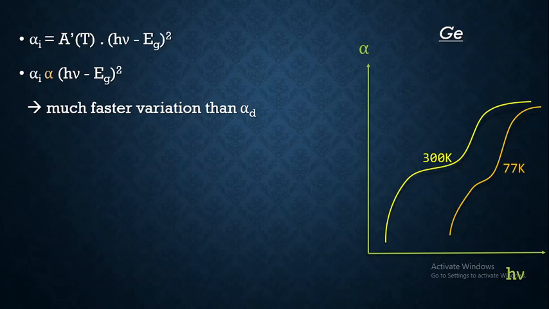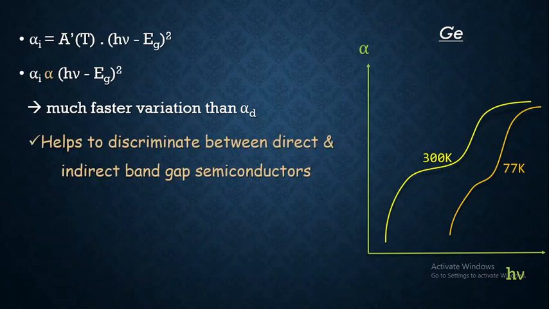In that way, based on the variation, if the variation is rapid, then we can say that the semiconducting sample which we have taken is indirect band gap semiconductor, and if the variation is slow, that is with respect to square root of the function, then we say that the semiconductor is direct band gap semiconductor.